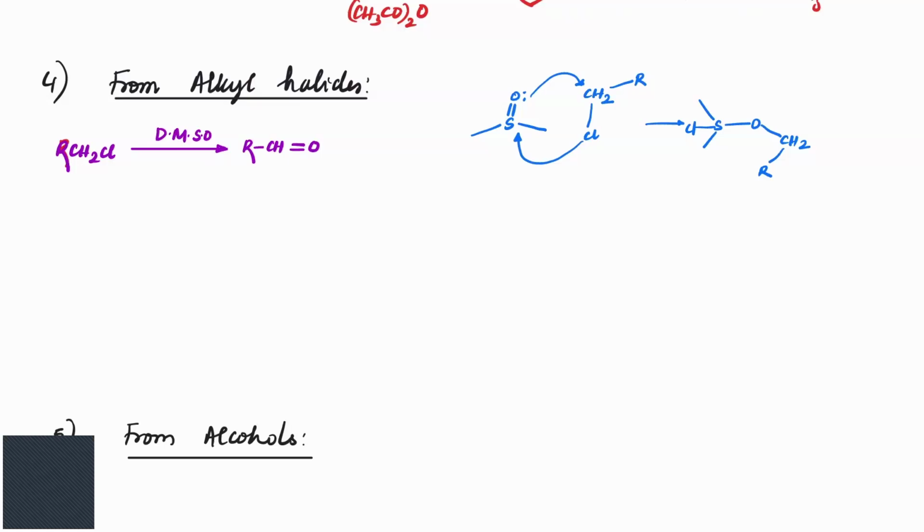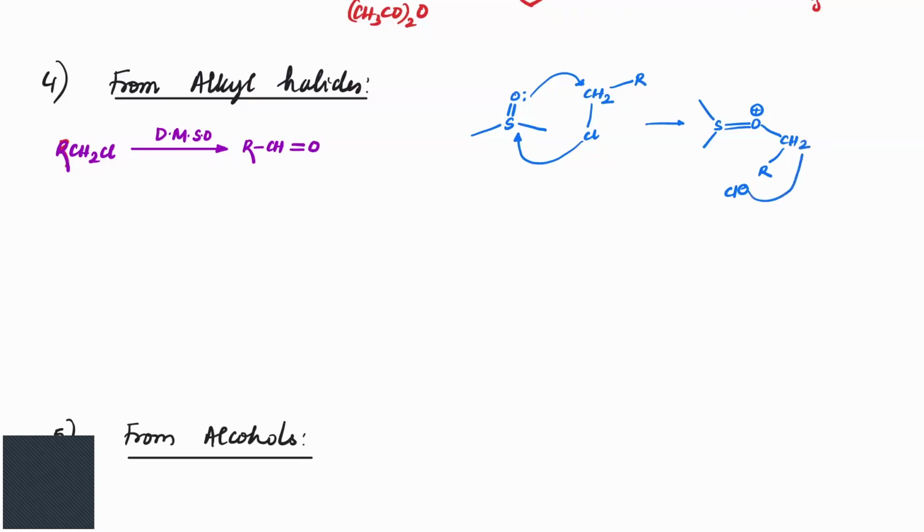Let me put it this way: a plus charge here, and Cl minus has left. Now if you want to get this into an aldehyde form, first this H plus has to leave, which means it will get a negative charge on this part.